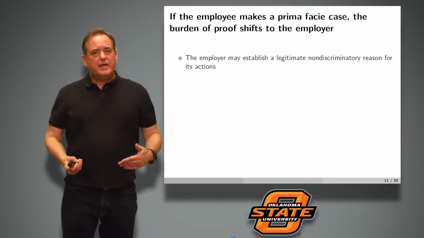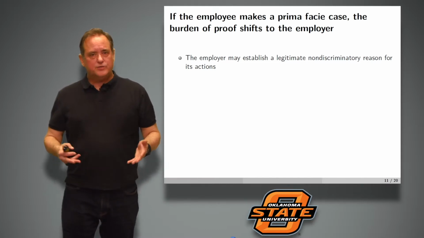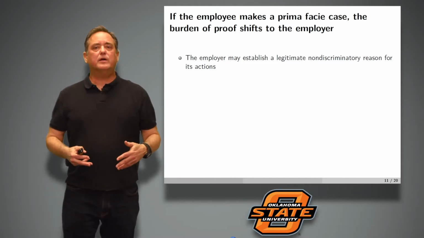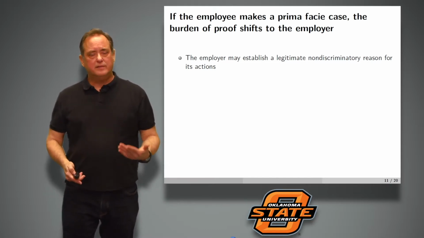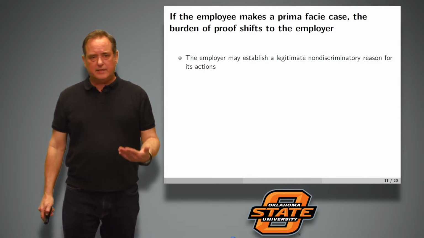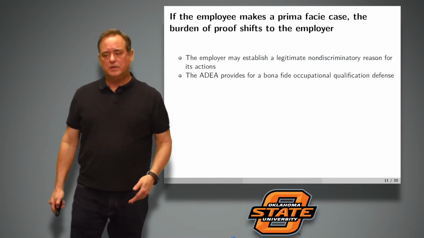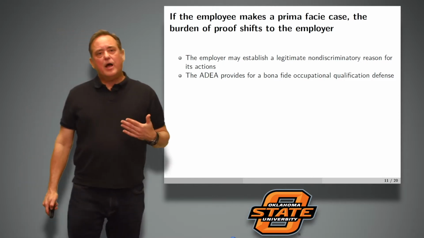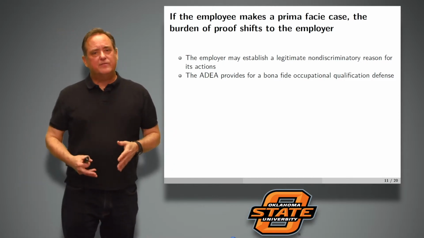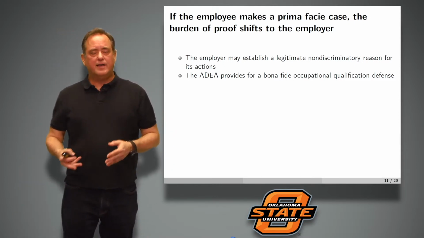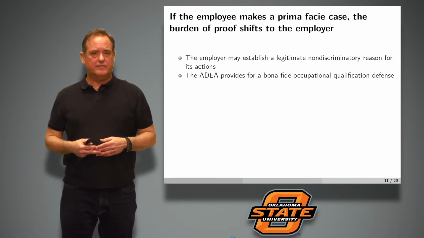If the employee makes the prima facie case, the burden of proof shifts to the employer. The employer is going to respond with a legitimate non-discriminatory reason, LNDR, same as before. The ADEA, however, also provides for the BFOQ defense, the bona fide occupational qualification defense.